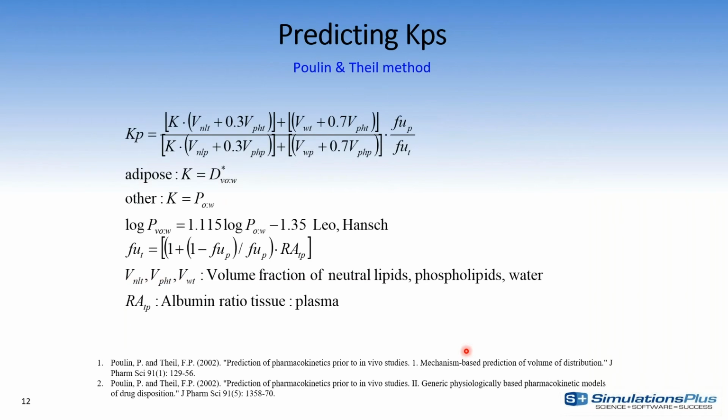Next, we're gonna talk about the methods we use to predict the Kp values in the program. So first of all, is the Poulin and Theil method. In their method, they account for binding for neutral lipids, phospholipids, and partitioning into the water. So this is the equation we used in the Poulin and Theil homogeneous method.